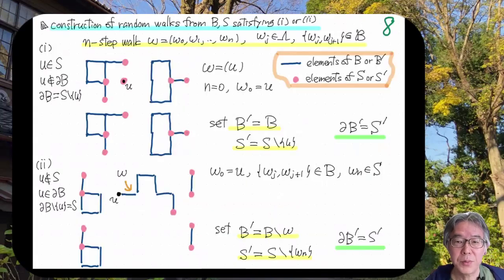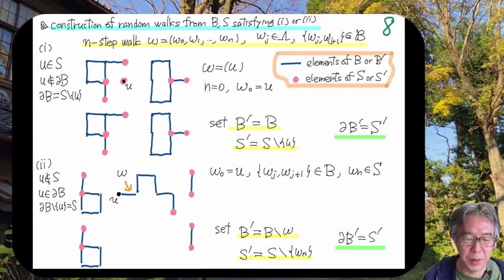Now, here comes the non-trivial part. We shall construct or extract random walks from the sets B and S satisfying condition 1 or 2. I roughly introduced what a random walk is, but let me state it more carefully.